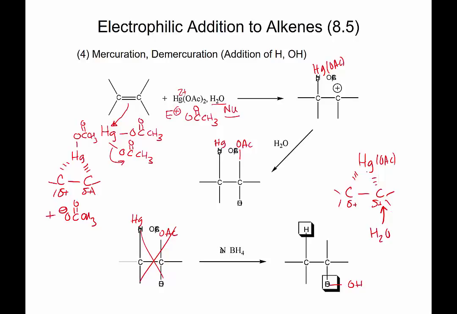Then the pair of electrons will go to the mercury, so that now I will end up with the carbon attached to the mercury on one side, and my oxonium ion added to the other carbon. Okay, so this will be the intermediate.